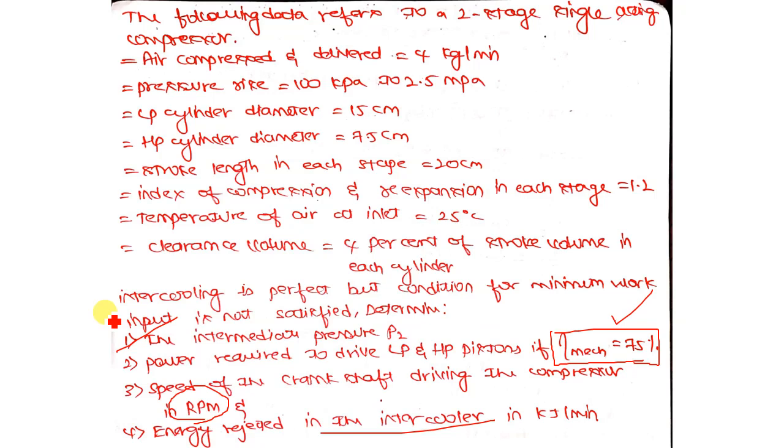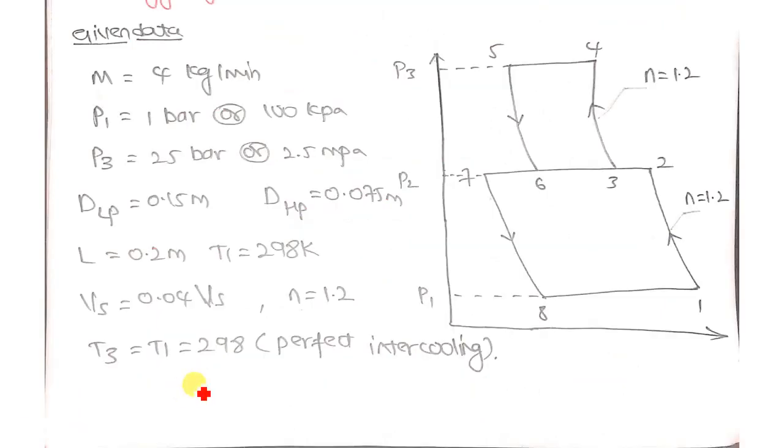So this is the problem statement, guys. We shall go with the solution of it. First write down the PV diagram with the clearance volume for multi-stage, that is two-stage compression. The PV diagram is given as such. Since the compression and expansion processes both have the common index, it is 1.2.